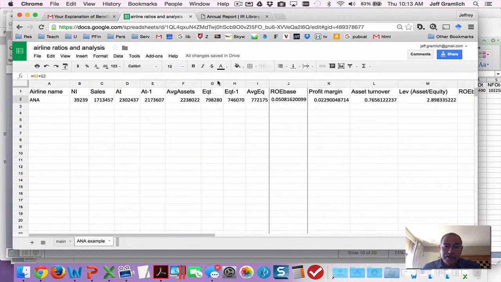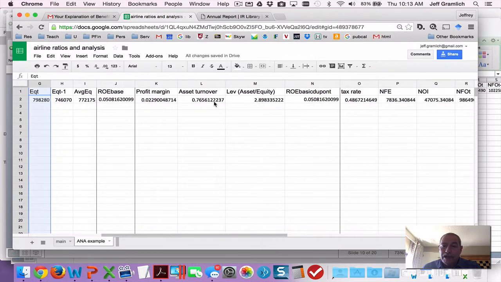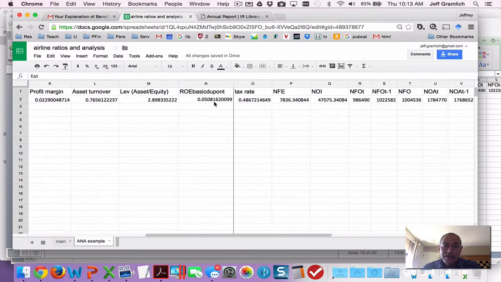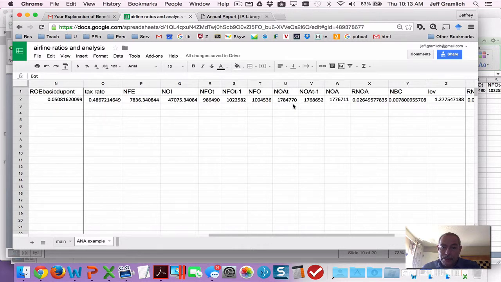So G2 is our equity at year T, and we have the net financing obligations for year T right here. So if we look here at NOA, it's R2, which is the net financial obligations, plus G2, which is the common equity at the end of the year. And that gets us this number.